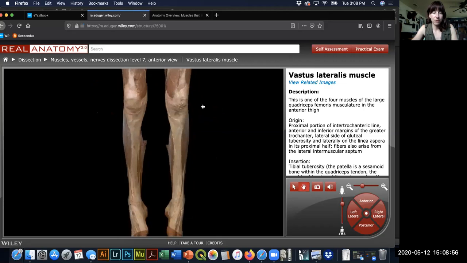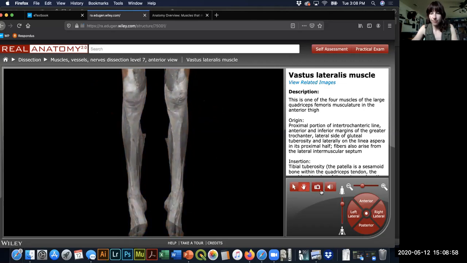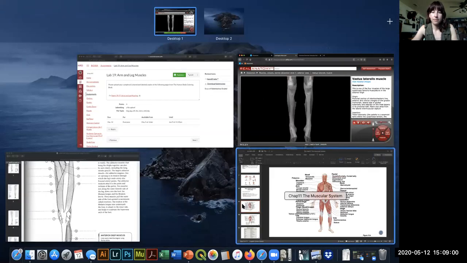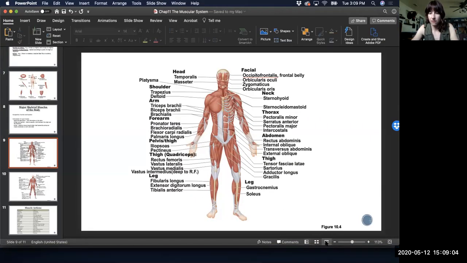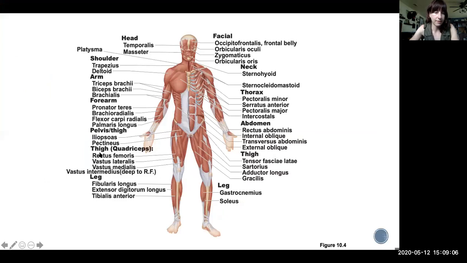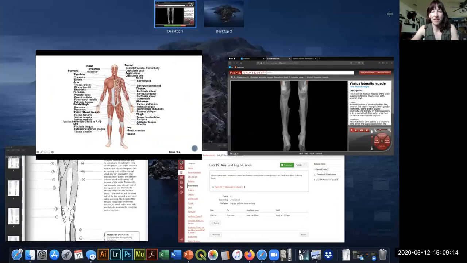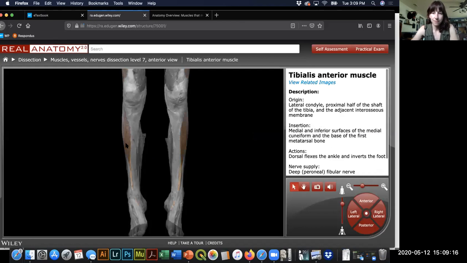And if we move down to the lower leg, we've got the tibialis anterior, which is a great name for a muscle that is on the anterior side of your tibia, okay?